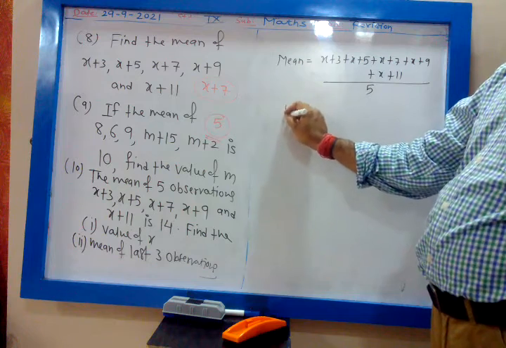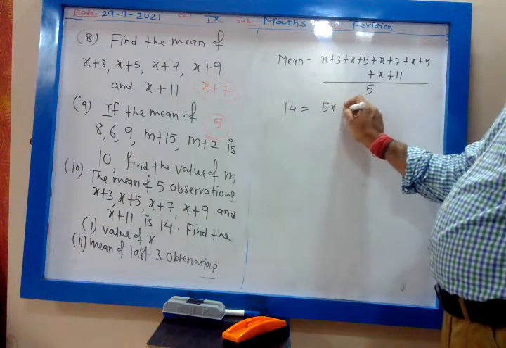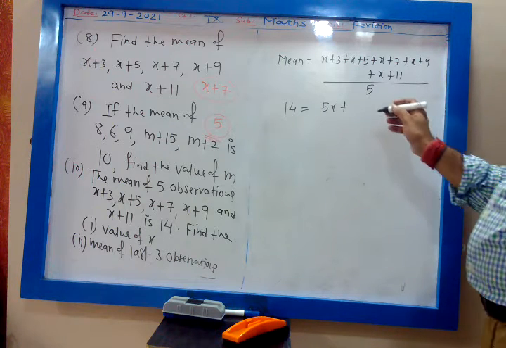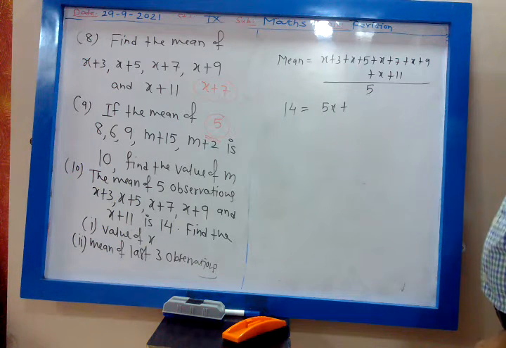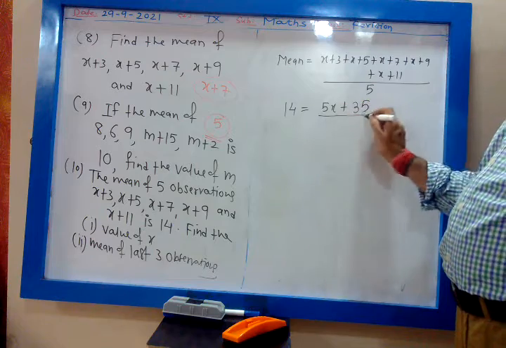So mean is given 14. 5x, 5 plus 3 is 8, 8 plus 7 is 15, 15 plus 9 is 24, 24 plus 11 is 35, divided by 5.